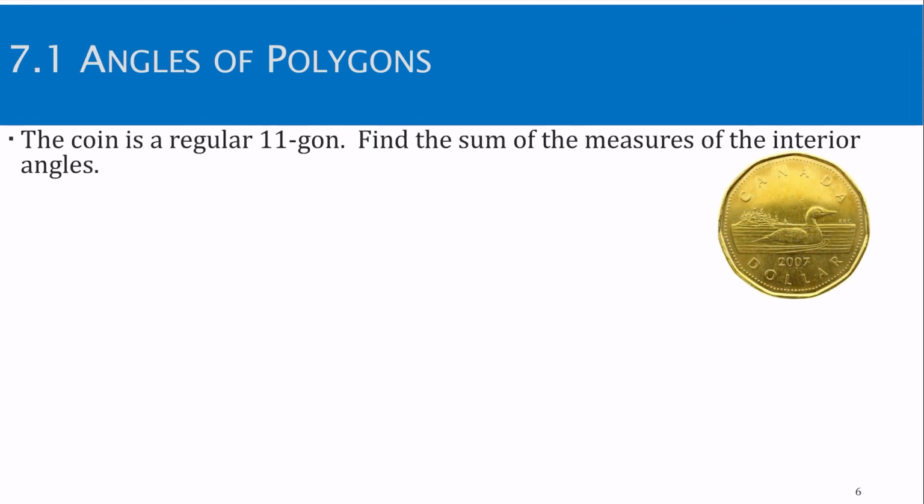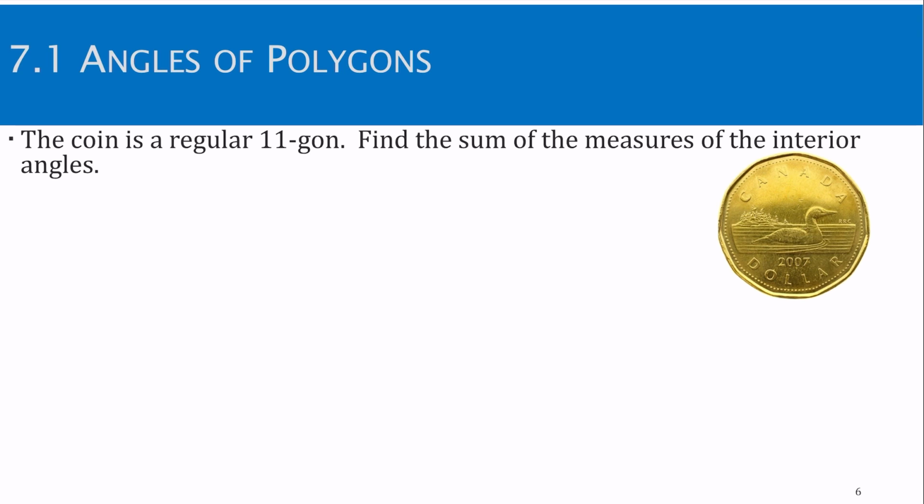This coin, the dollar coin from Canada, called a loonie because it has a picture of a loon on it, is a regular 11-gon. Find the sum of the measures of the interior angles. All right.